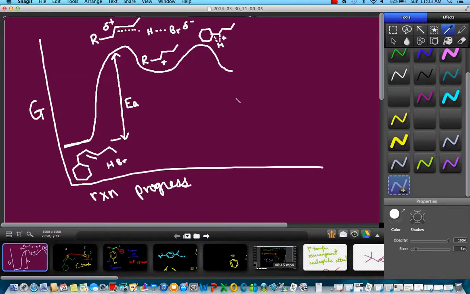Again, this is occurring transiently. So let me just blow this up a little bit. When I am doing a rearrangement, of course this is more highly substituted. This is the carbon-hydrogen bond that is beginning.